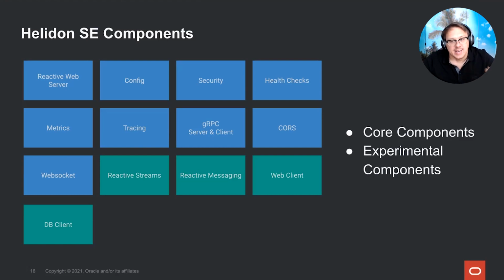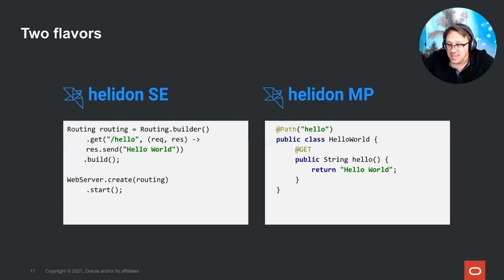Because Netty is asynchronous and Helidon SE is asynchronous, we even provide you a lot of stuff like an asynchronous web client and an asynchronous DB client. Even if you have a synchronous driver, the DB client will care for you to work asynchronously with your code. So Helidon SE is really like a pure Java foundation for MP.